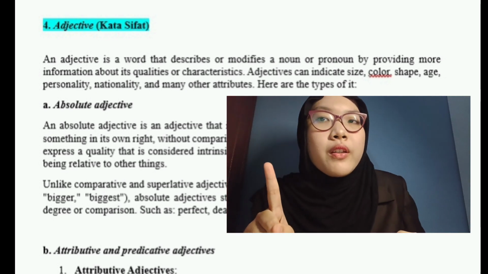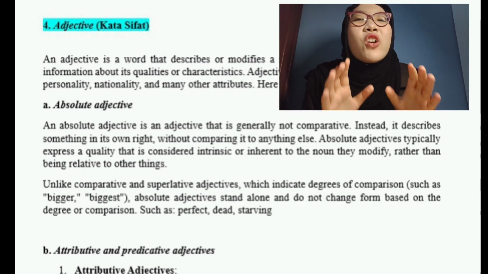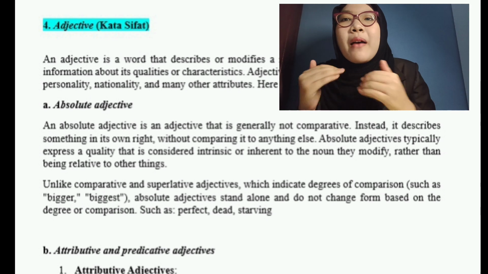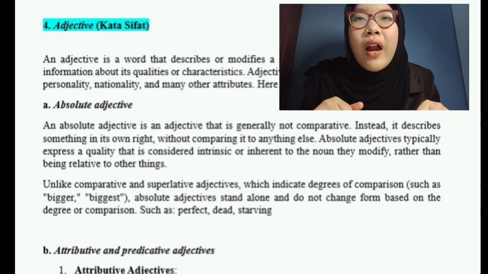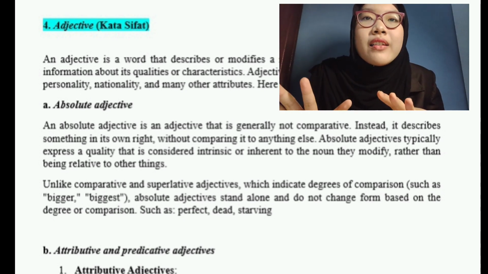The first is the absolute adjective. An absolute adjective is an adjective that is generally not comparative. Instead, it describes something in its own right without comparing it to anything else.